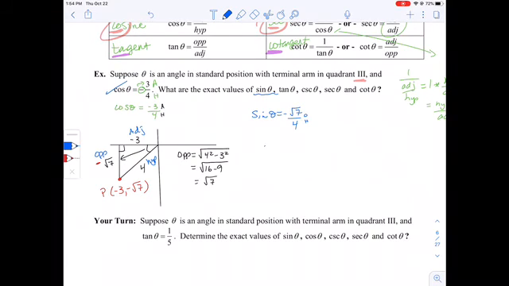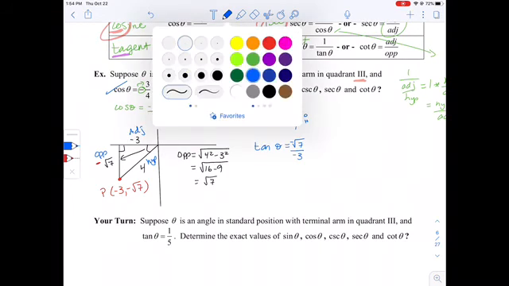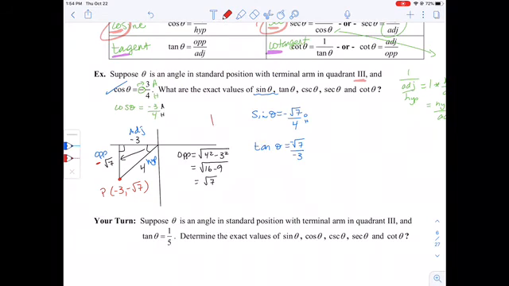Cos of theta we already calculated, that was given to us. Tan of theta would be the opposite, -√7, over the adjacent, over -3. Ooh, and two negatives make a positive, and I also know because of that CAST rule that tan is going to be positive, which makes sense because the two negatives cancel and make a positive.